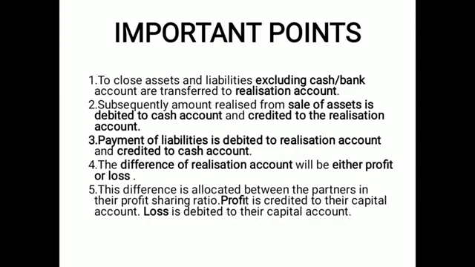Thereafter, the second point is that you will sell these assets and the amount that is realized is debited to cash account and credited to realization account. So the assets have been sold now. So the amount that has been realized will be utilized for the payment of liabilities. So payment of liabilities is debited to realization account and credited to cash account.